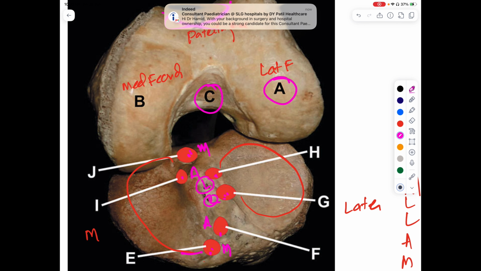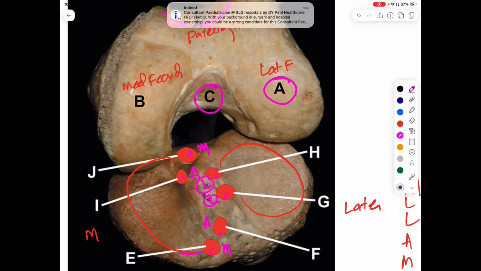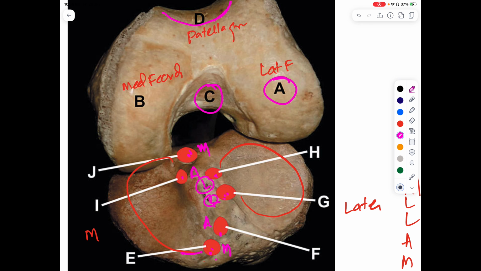It's the medial anterior cruciate, lateral horn, so anterior horn on the lateral, posterior horn on the lateral, and then this I will be the posterior horn of the medial meniscus, and J will be the posterior cruciate ligament.